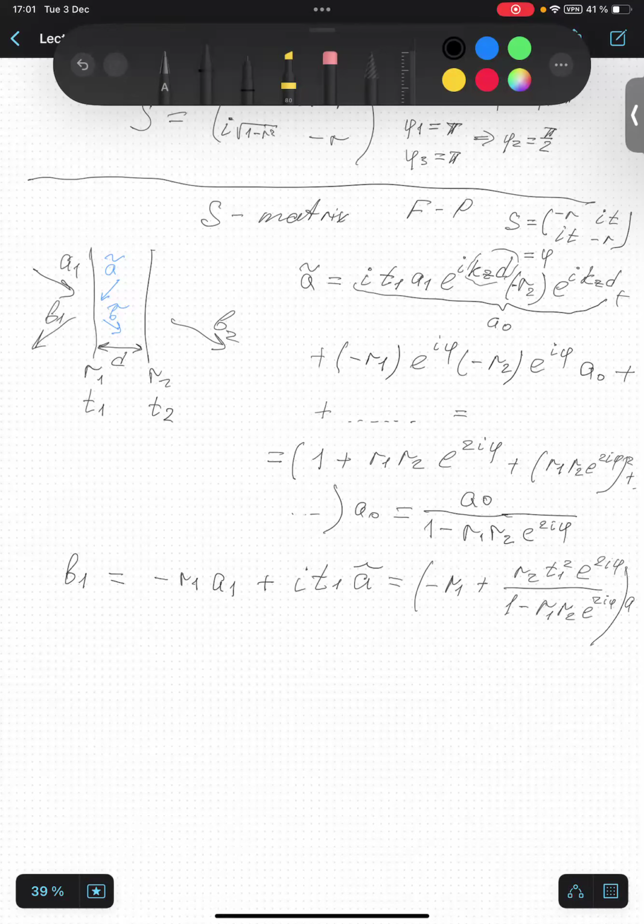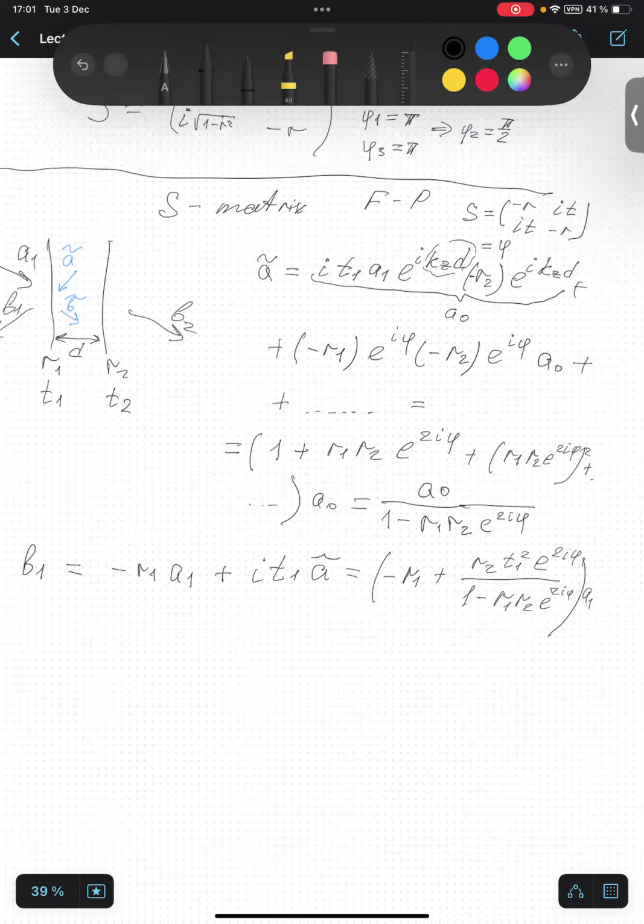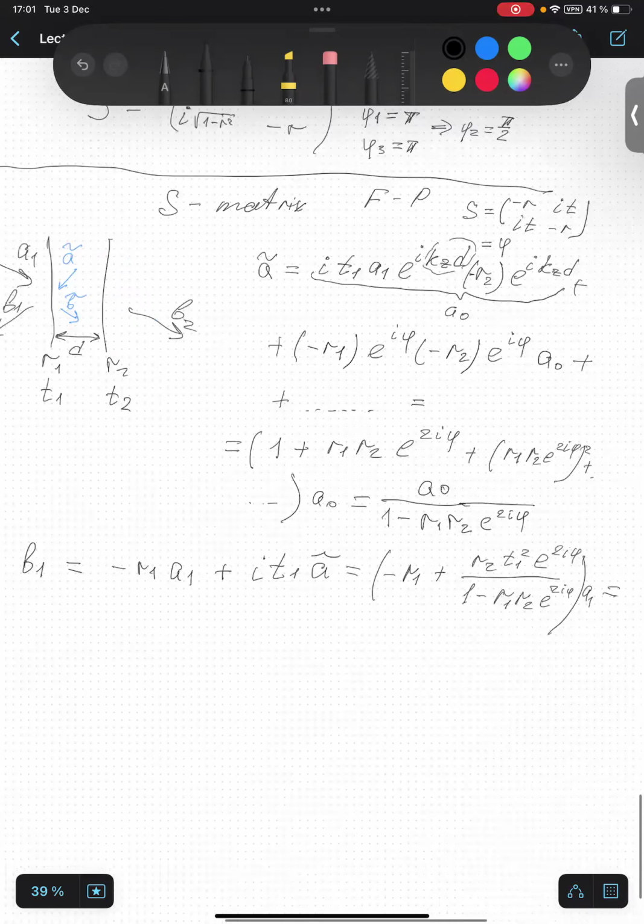Multiplied by A1. Let's open the brackets.